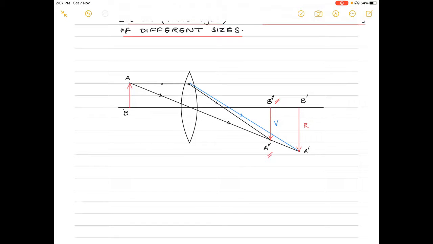All other colors in between, of the 7 colors of VIBGYOR, form their images between these two lines, A prime B prime and A double prime B double prime.